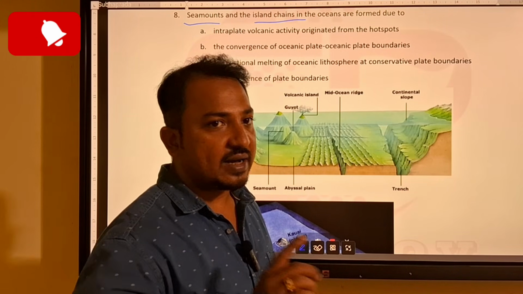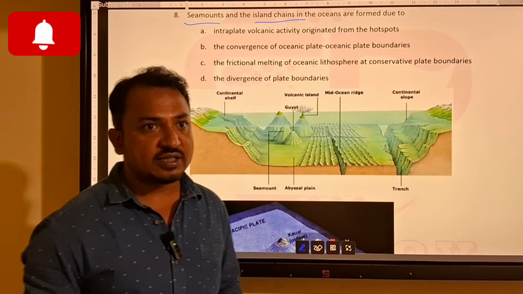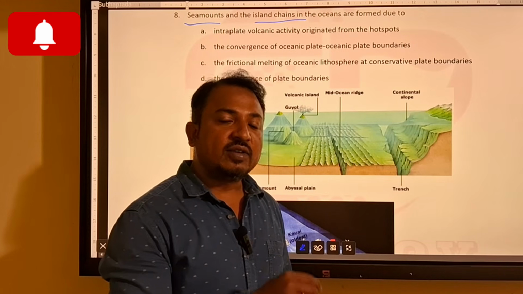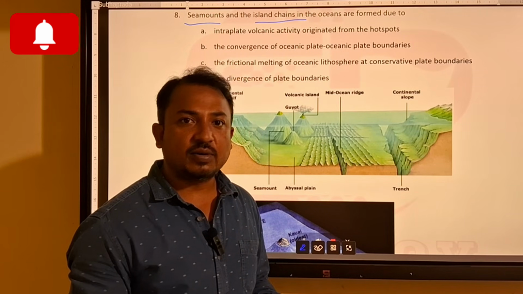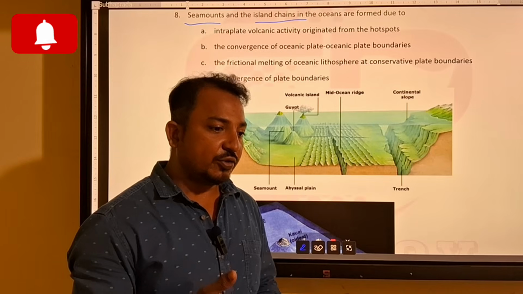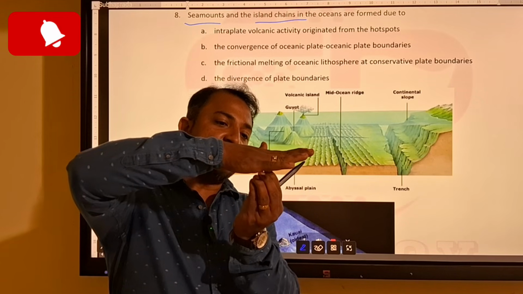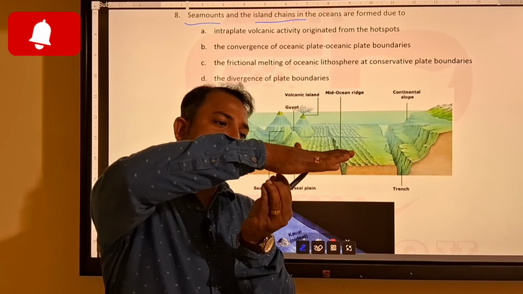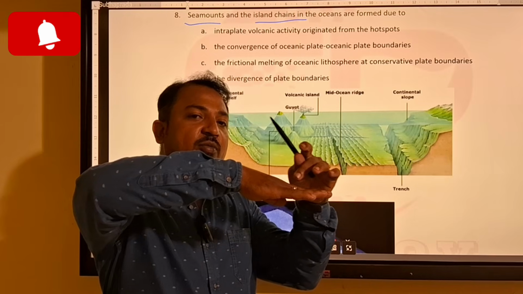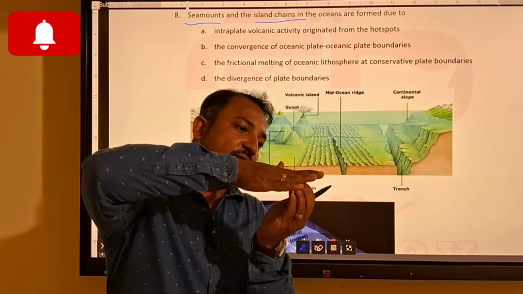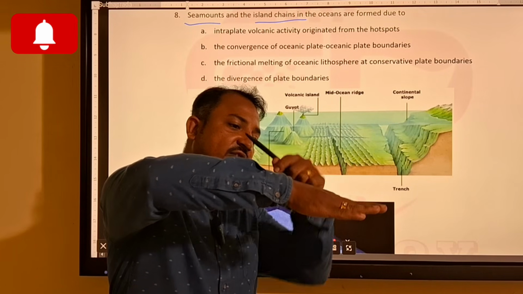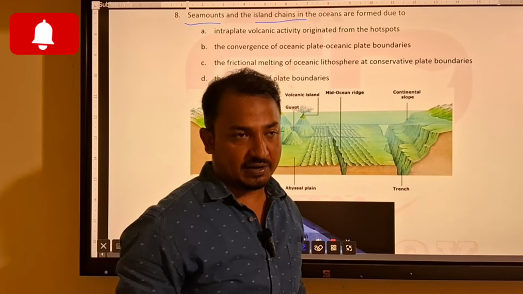You can take the example of Ninety East Ridge, which is intraplate volcanism, and Hawaii, which is also intraplate oceanic volcanism. When there is a hotspot and a plate is passing over it, you will find volcanism on the hotspot. As the plate passes over it, gradually you will find a chain of islands.